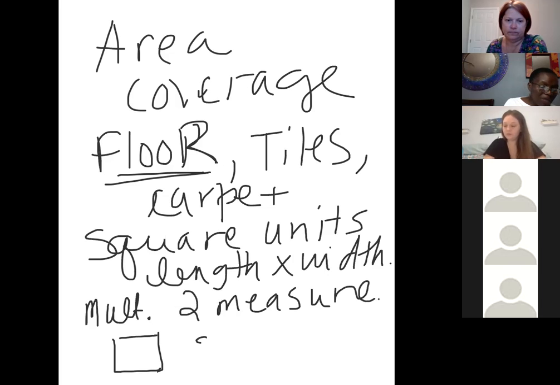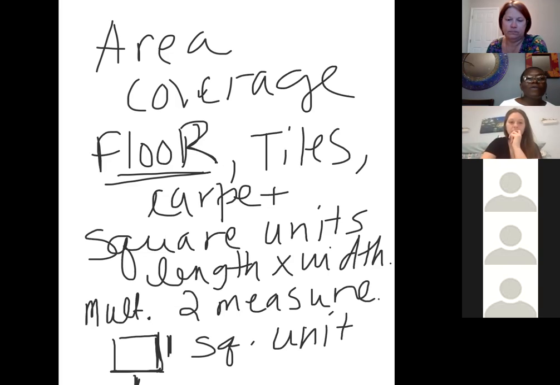When we talk about a square unit, we're looking at a square where the length as well as the width are both 1 unit long. So if we were talking about inches, each side of the square would be 1 inch. If we were talking about feet, each side of the square would be 1 foot.